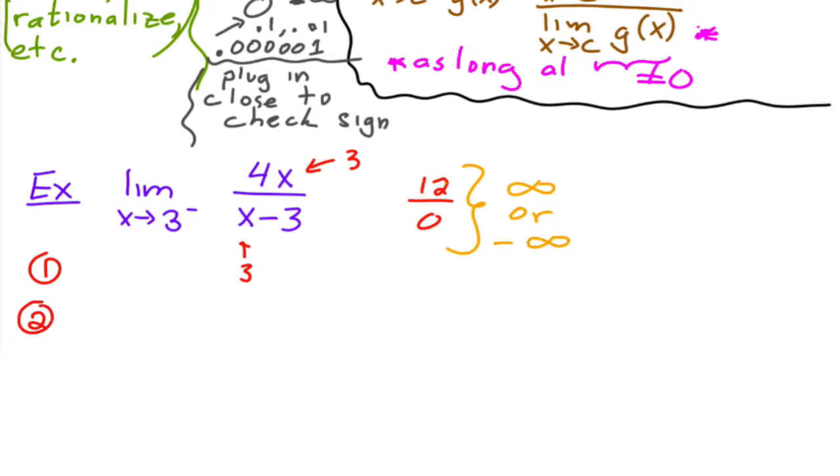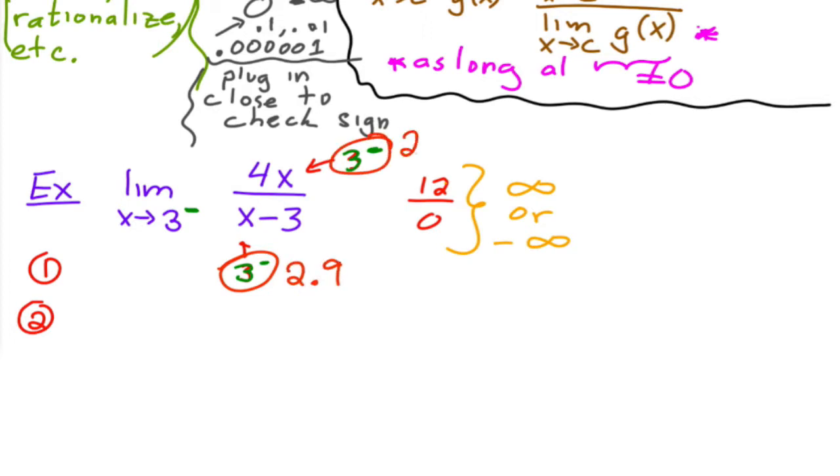Okay, so then the second step is, because you already know it's going to infinity or negative infinity, you're going to plug in a number that's near 3, in this case from the left side. So you can plug in a number like 2.9.